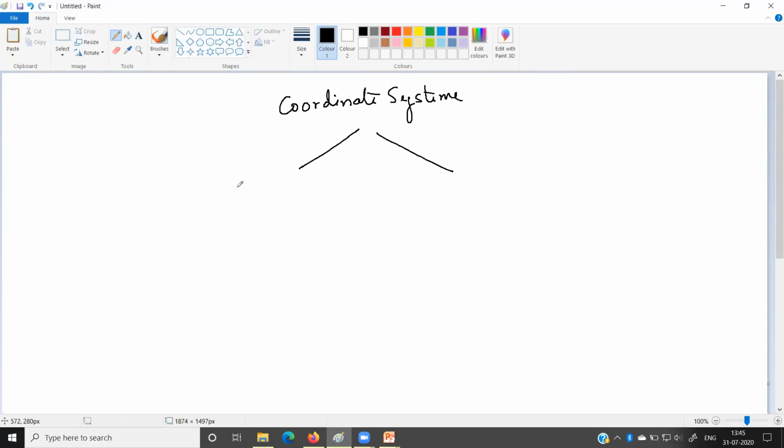First one is our world coordinate system, and second one is the viewport coordinate system. The objects which we can see in our surroundings all belong to the world coordinate system.